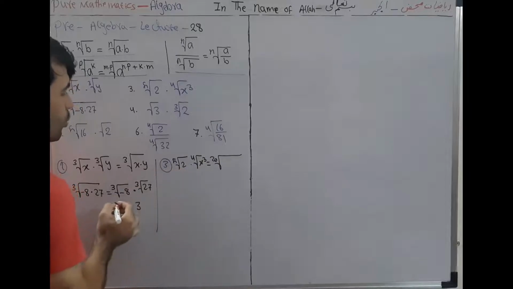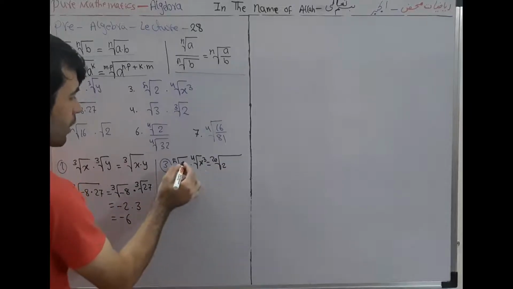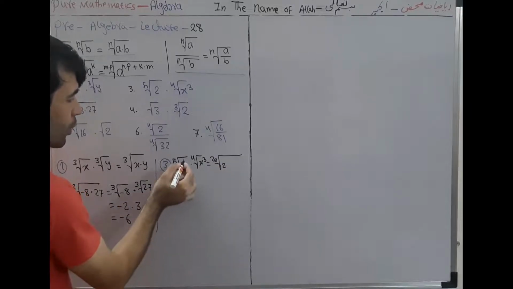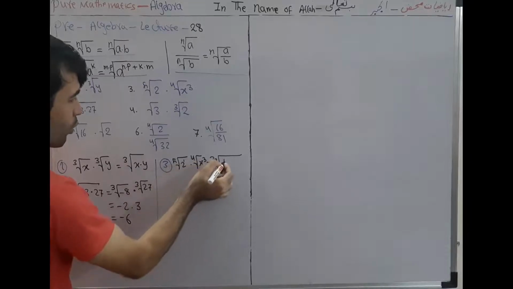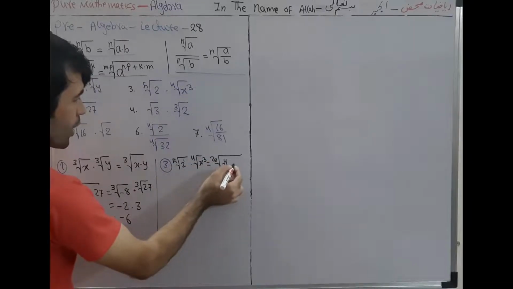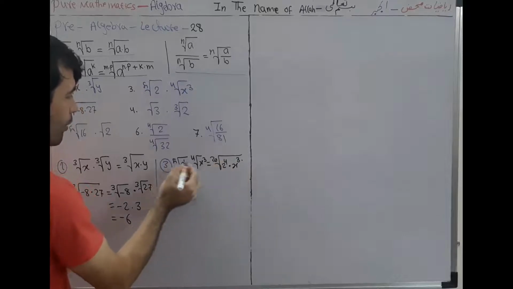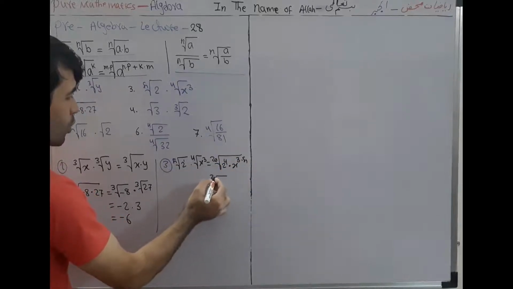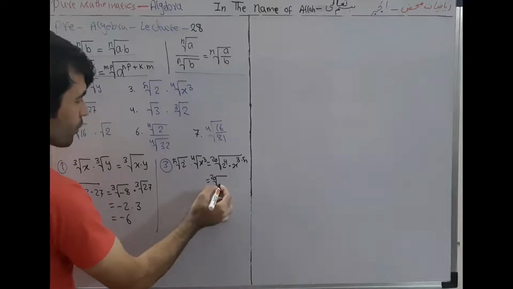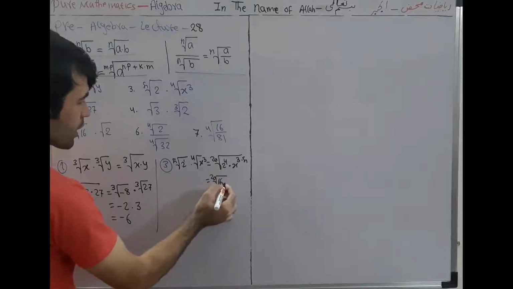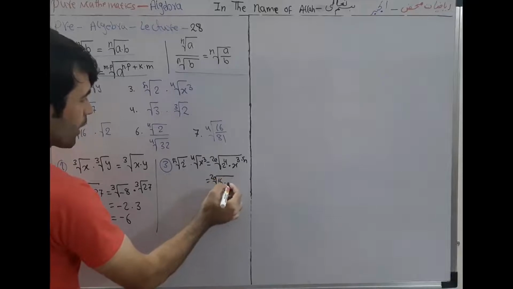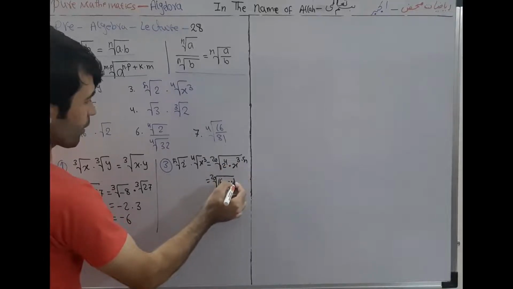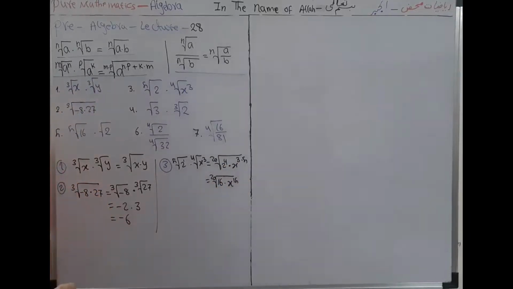Here we have 2 to the power, the exponent of 2 is 1 multiplied by 4, 2 to the power 4, x to the power 3 multiplied by 5. It is equal to the 20th root of 2 to the power 4, which is 16, multiplied by x to the power 3 multiplied by 5, 15. It is the answer.